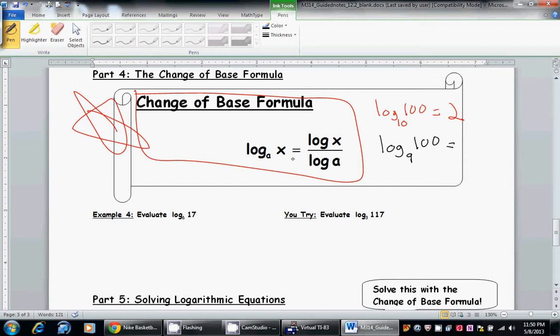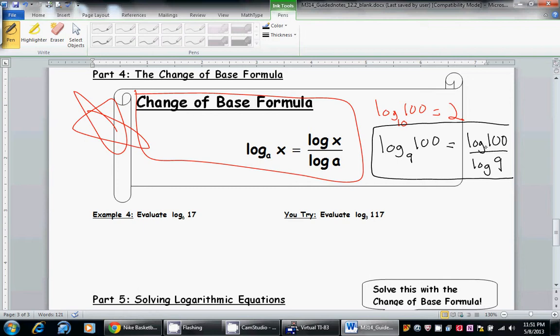Now, here's what the change of base formula says. What you can do is you can take log 100 base 9, and you can split that up into 2 separate logs with whatever base that you want. Okay? So that's exactly what I have right here. I took log 100 base 9, right? And that's the same thing as log of 100 in the numerator, right?